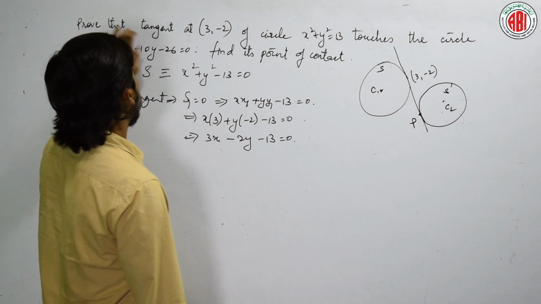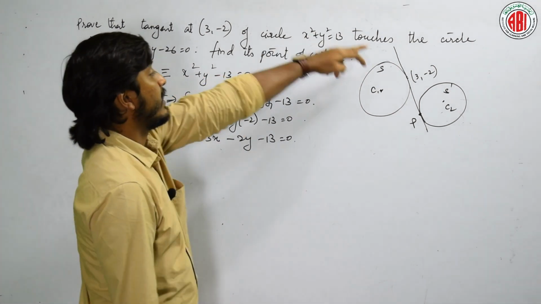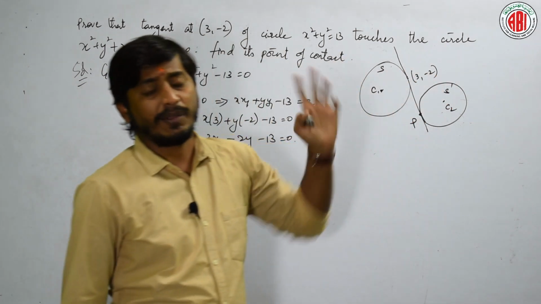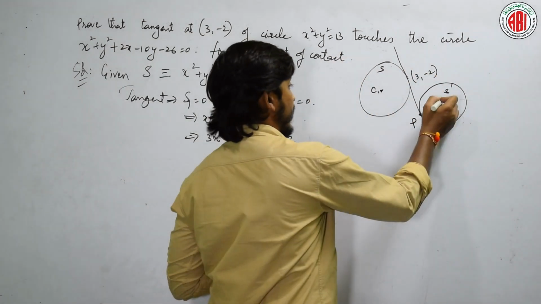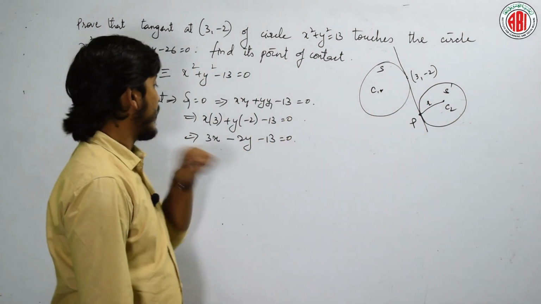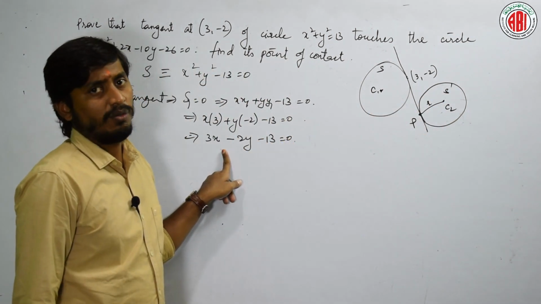So, he is telling prove that this tangent is touching this circle. How do we prove? Simple thing, r is equal to d. We have to find the radius of this circle and find the perpendicular distance from C to this line. Can we do? Yes, we can.